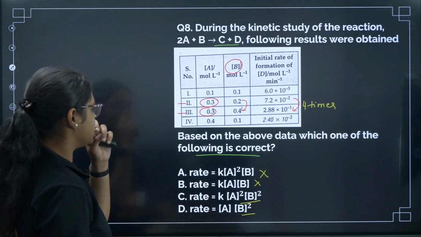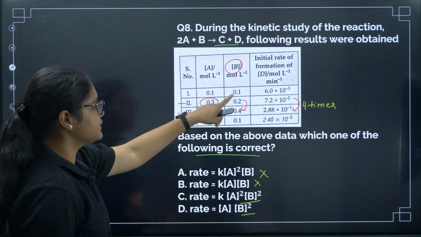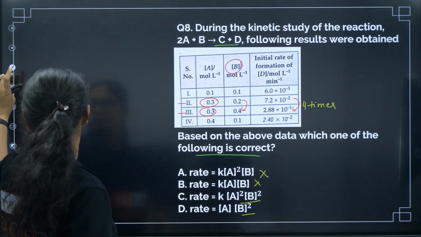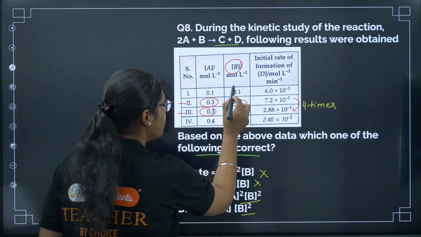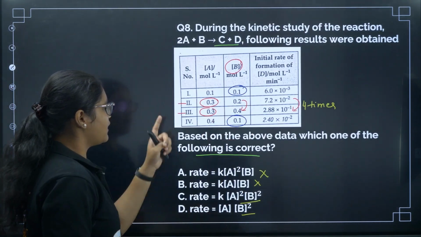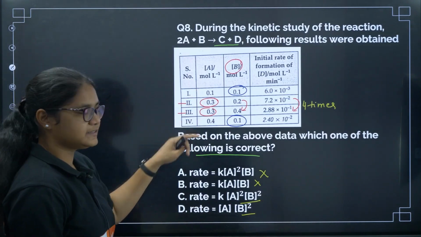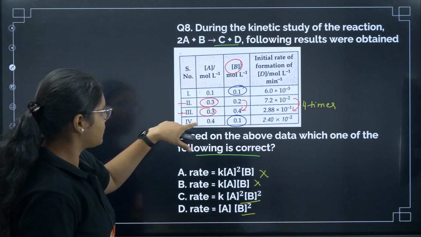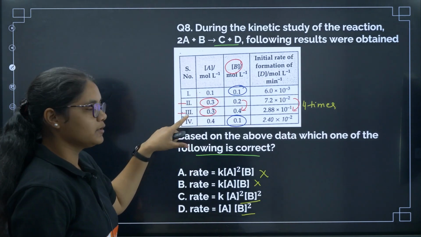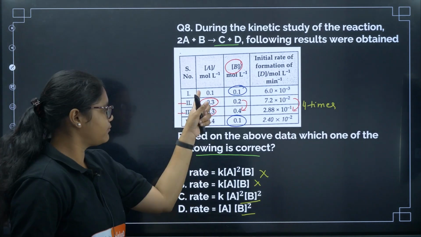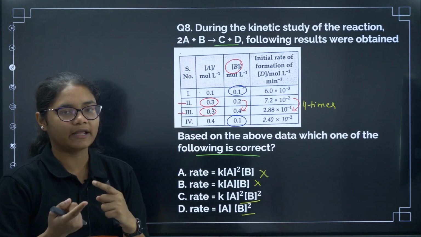Now if we see with respect to A, B should be constant. So in these two reactions, 1 and 4, the concentration of B is constant. Now concentration of A is changed. So what is done? The concentration from 1 to 4 has become 4 times, from 0.1 to 0.4.